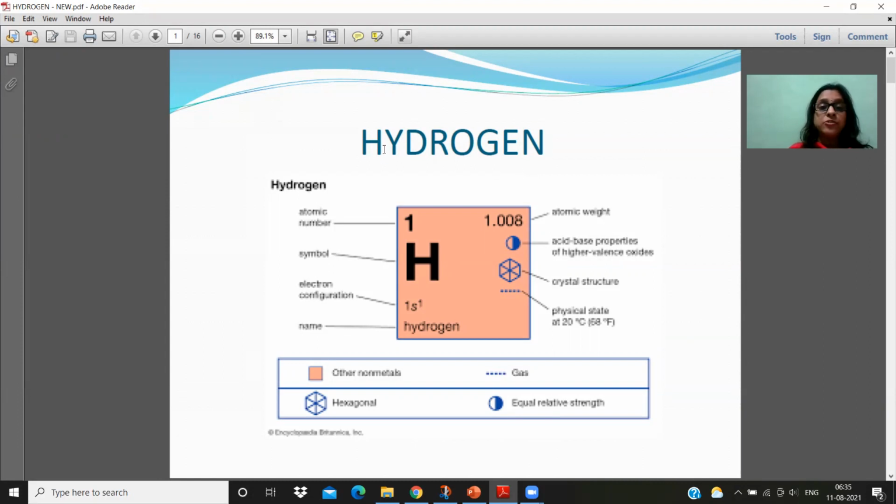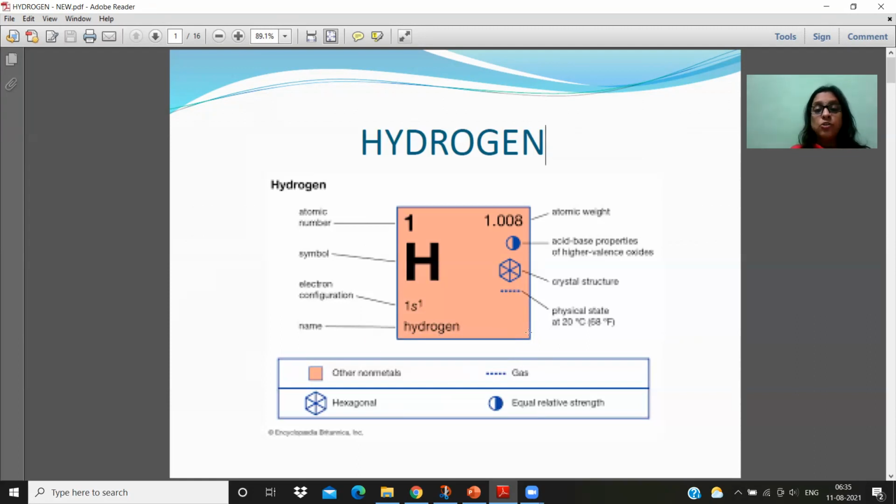ठीक है. So hydrogen, as all of you know, its symbol is H, and its atomic number is 1. Its electronic configuration is 1s1. It belongs to the S block, but it does not belong to the first group. Fine.